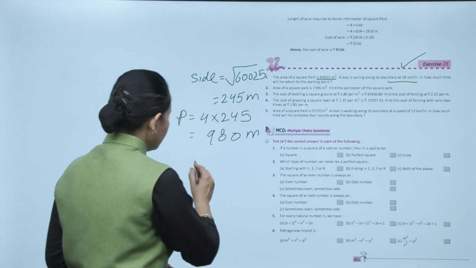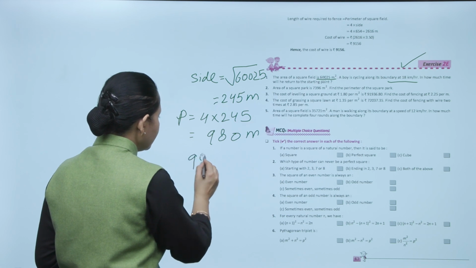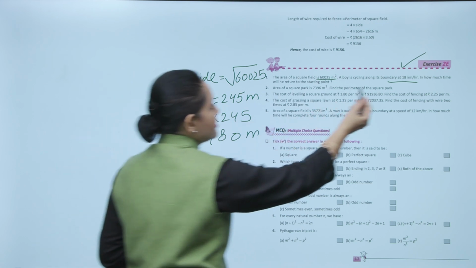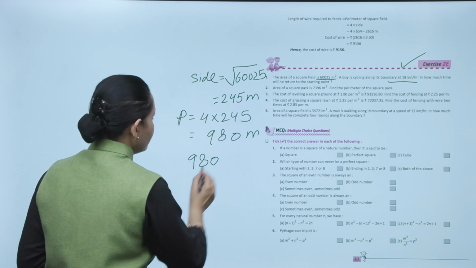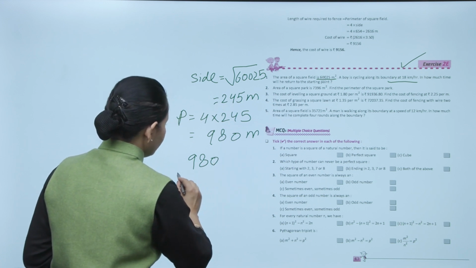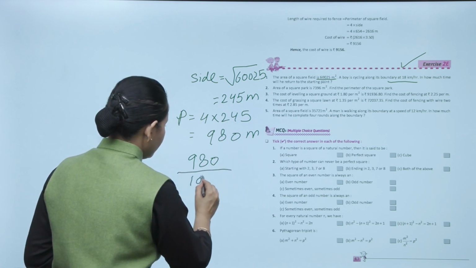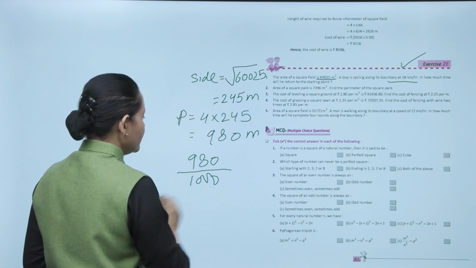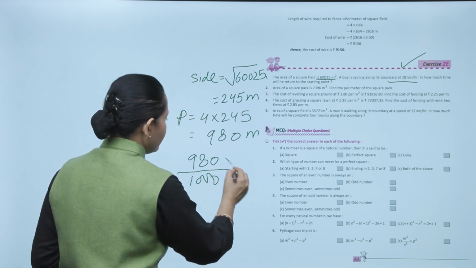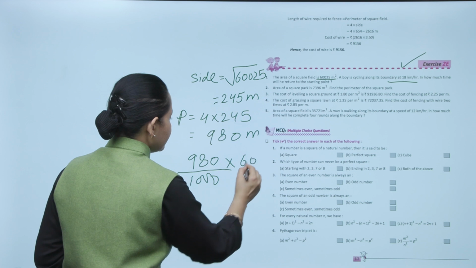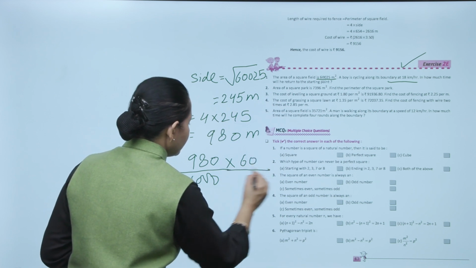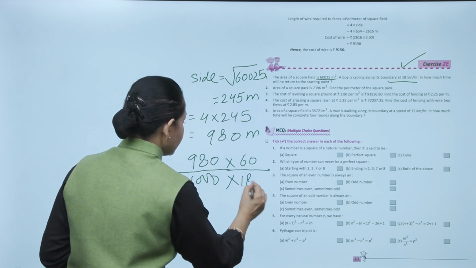So now 980 meter is given and the speed is in kilometer per hour. First divide by 1000 and multiply by 60, meaning we have changed it into minutes. Clear?